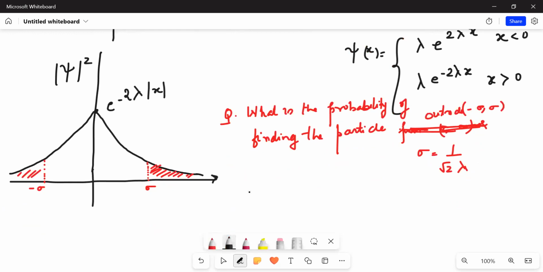So this would be simply, I think, from minus infinity to minus sigma, |psi|^2 dx, and then plus sigma to infinity, |psi|^2 dx.